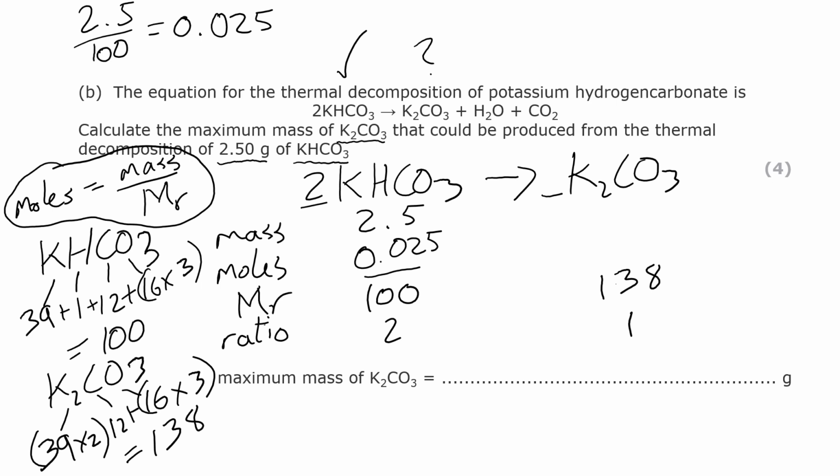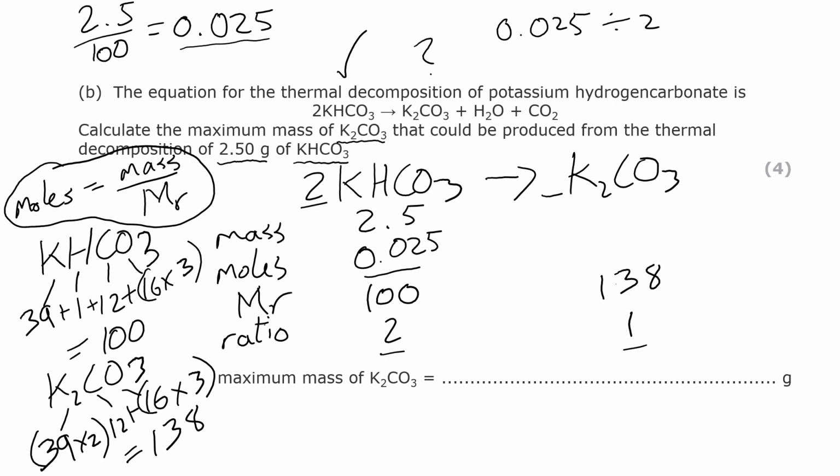If we have a look here, the ratio is really important. It's 2 to 1, and that's the ratio of moles. So now we know the moles of KHCO3 is 0.025, we can work out the moles of K2CO3. So because it's a 2-to-1 ratio, and we've got the one that's 2, and we want the one that's 1, we need to divide it by 2.